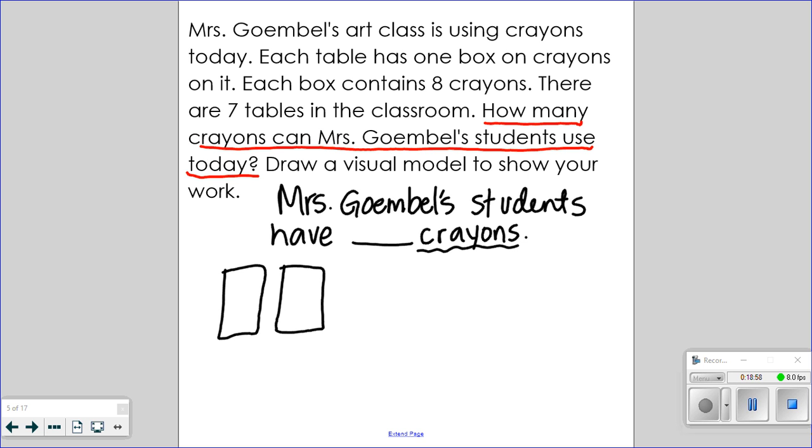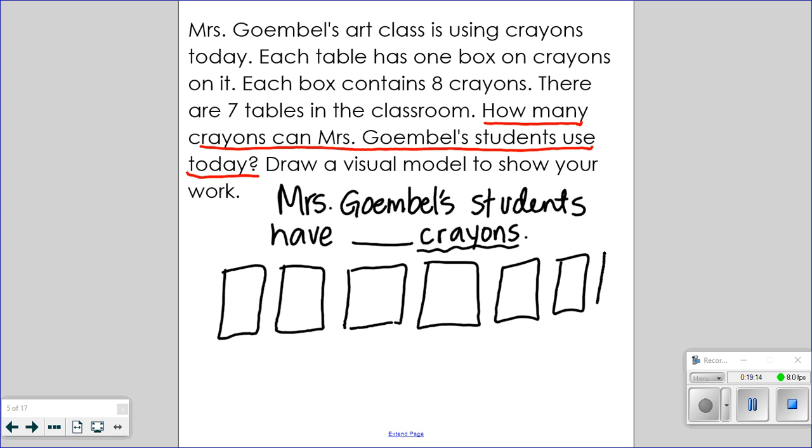Colby, why am I drawing 7 rectangles? Because I like rectangles. Why am I drawing 7 rectangles? Not the crayon boxes. Not the crayons. You're close. All right.